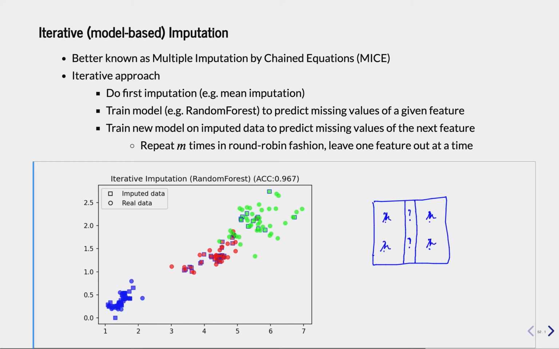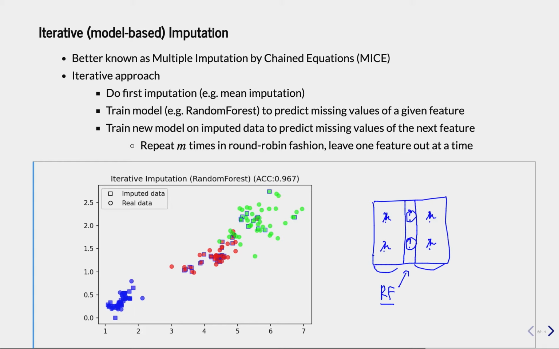Then what you do is you train a model, for instance, random forest, on all the data except for this one feature. After you fit the random forest, you then predict the values in this column, and this will then give you an estimate of what the missing values are for these two missing values.